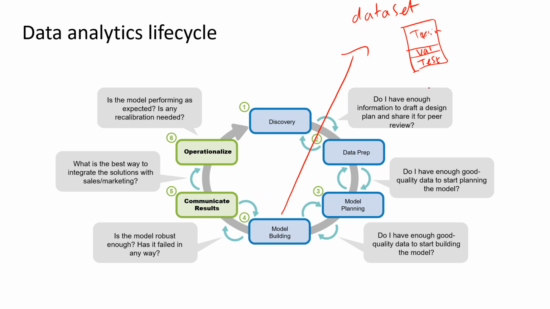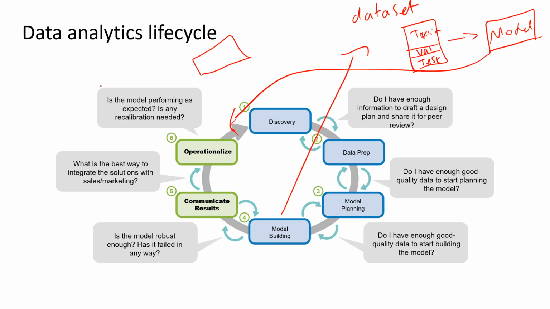Once you've finished building your model, it will be used in the real world, and in a real world scenario, new data will be entered into your model. That new data is actually unseen data, and it probably has a different distribution than the data that you collected for your model.